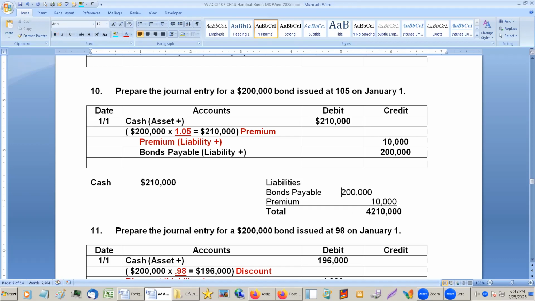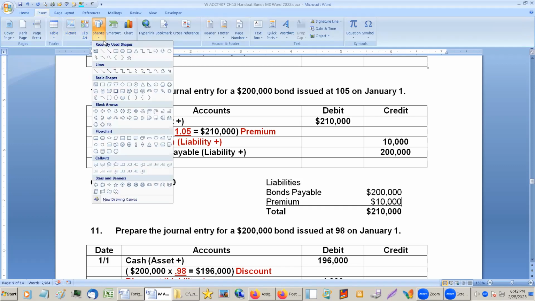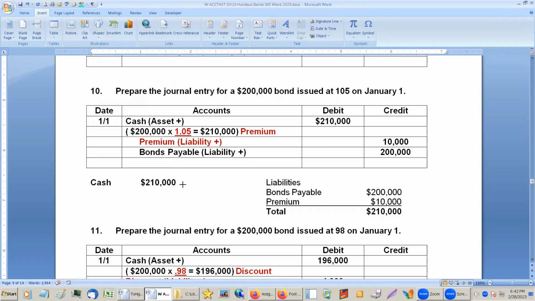Oh, now I goofed it up. So these two have to balance.